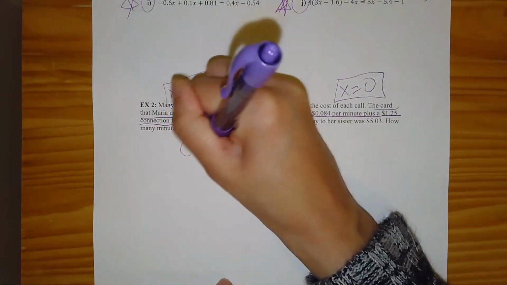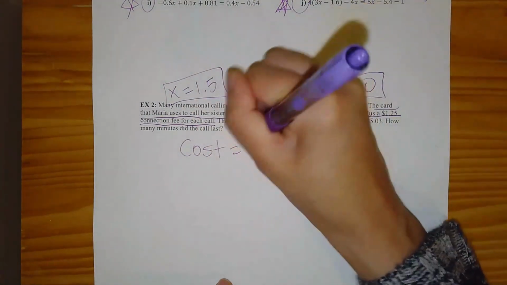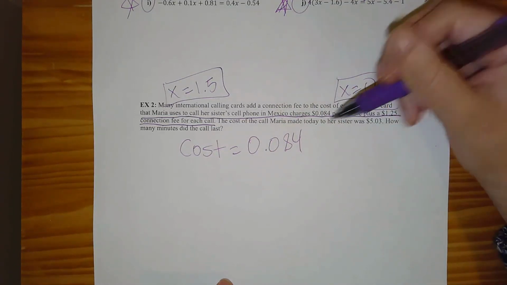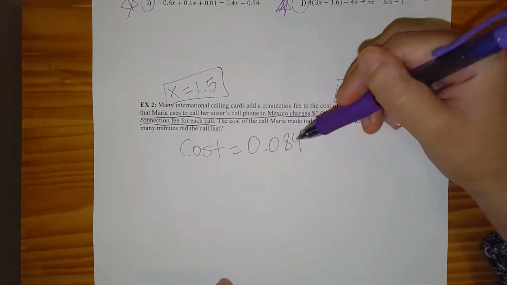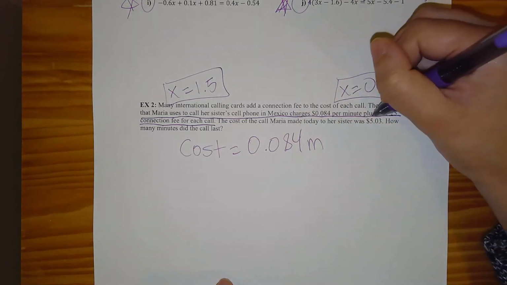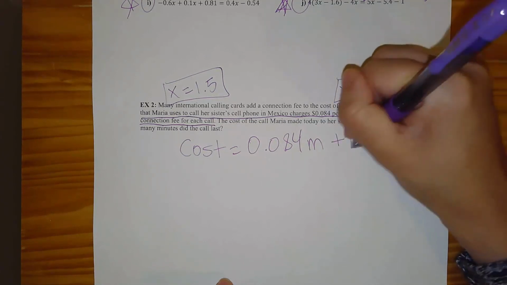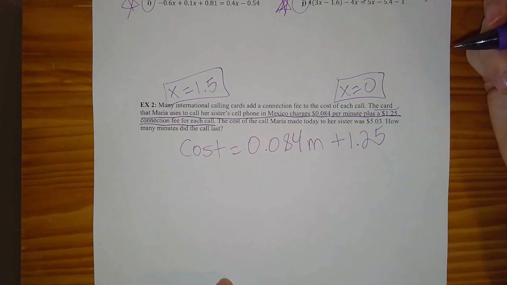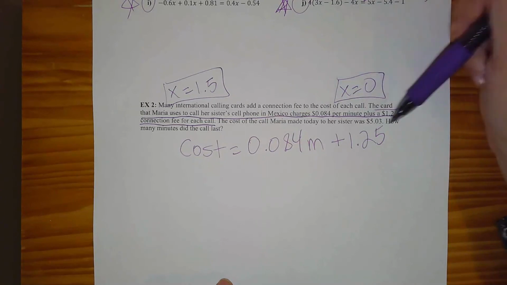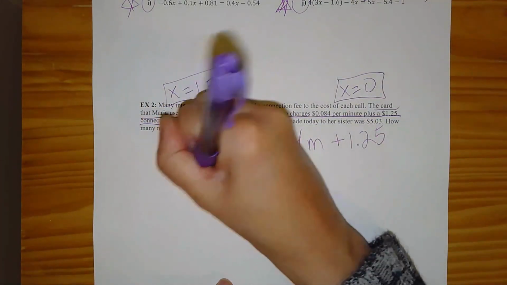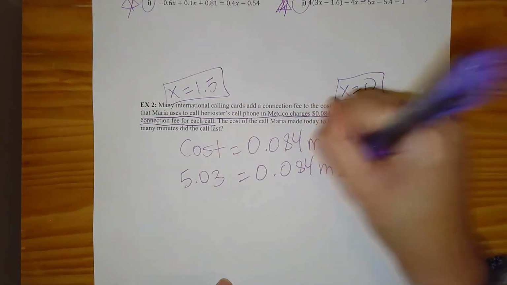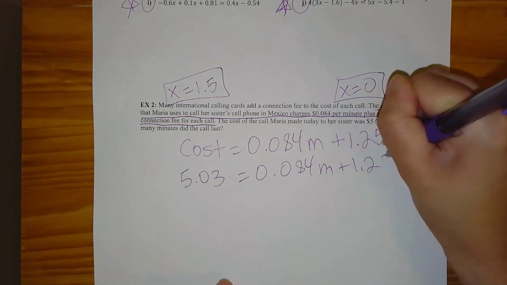So the total cost for a call would be $0.084 dollars per minute times the number of minutes that her call lasts, plus the $1.25 connection fee. The total cost of her call today was $5.03. So I'm going to have 5.03 equal to 0.084 times m, I just used m for minutes, plus 1.25.